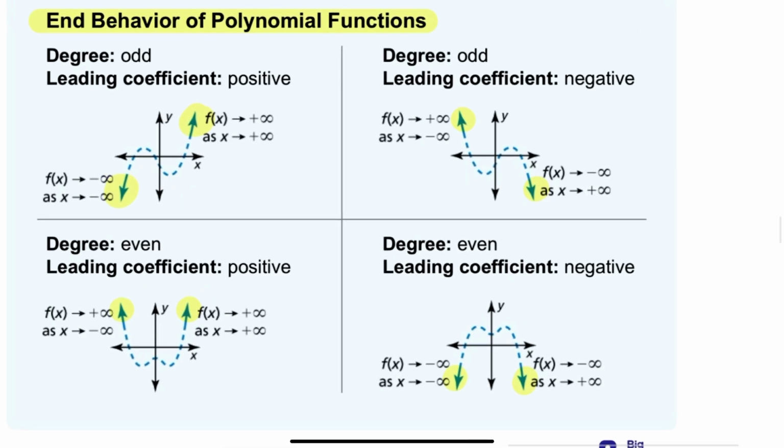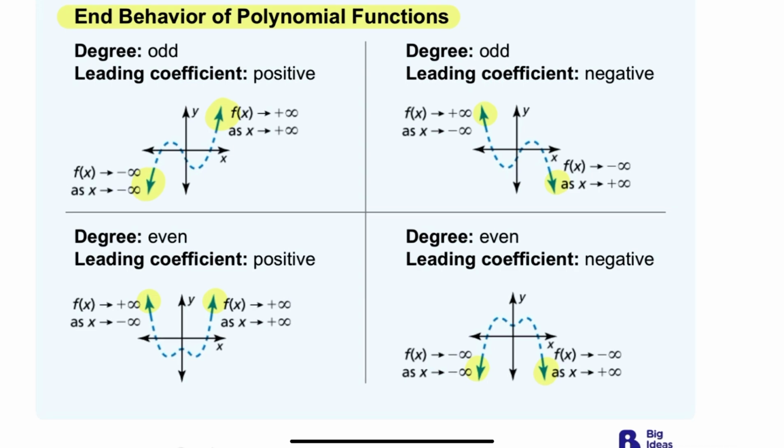So again, we are able to identify whether the y values on the left side and the right side of the graph are approaching negative infinity or positive infinity. So, a fancy way of saying, is it going to point downwards or point upwards? Just off of looking at the degree and the leading coefficient.